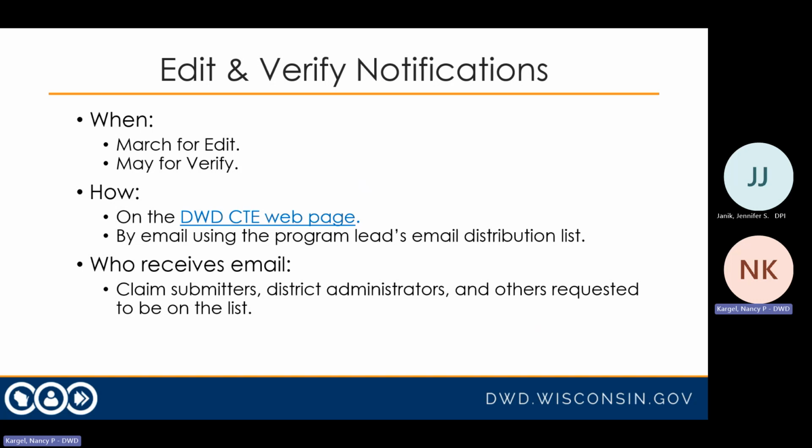The list is generated in early October by pulling the contact information of the last person to submit the claims and the district's administrator at the time the new list is generated. It's extremely important that districts notify the program lead by email when there is staff turnover so that the correct people receive the notifications. Missed notifications contribute to missed deadlines.